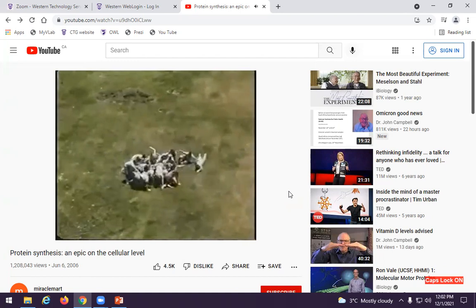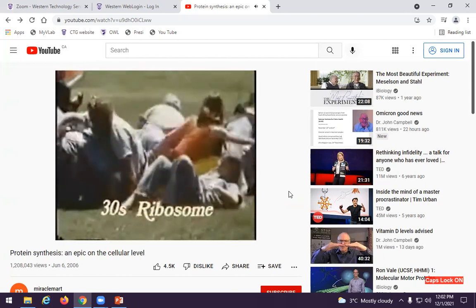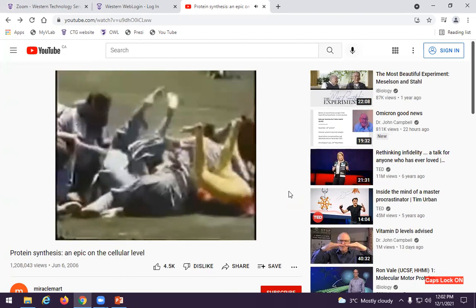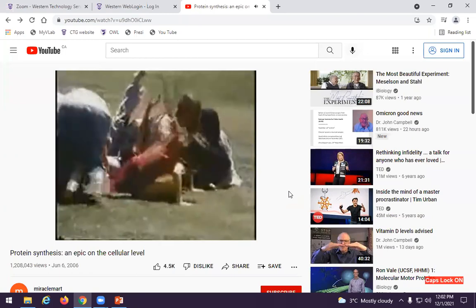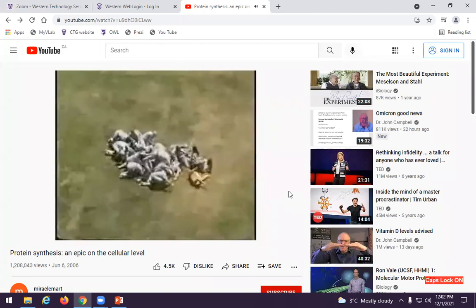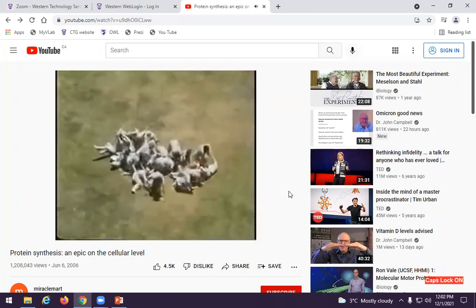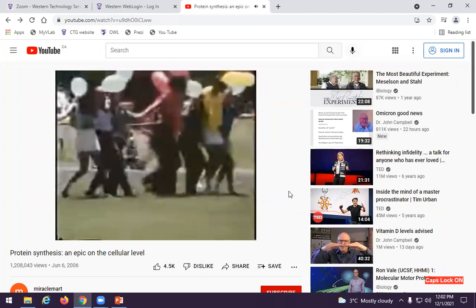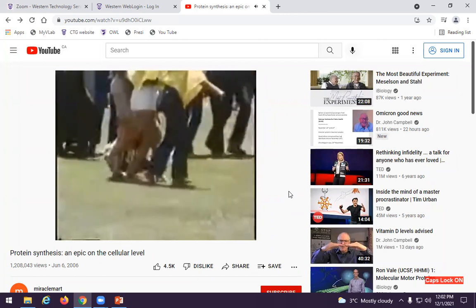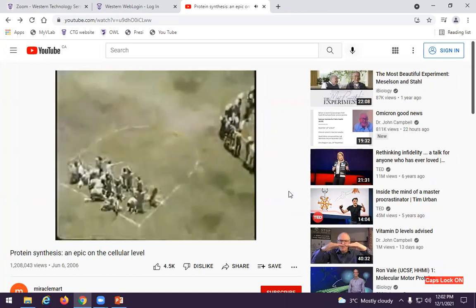Twas Brillig and the slithy 30S ribosome did gyre and gimble in the wabe. 30S ribosome. All mimsy was mRNA, that colored message unit array. mRNA.